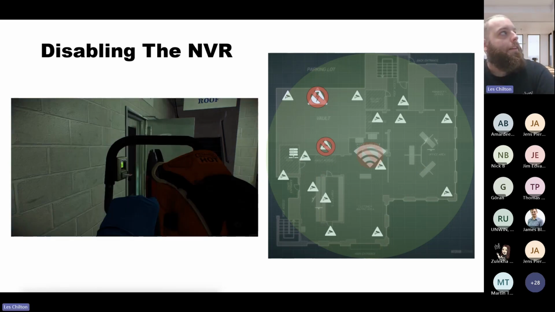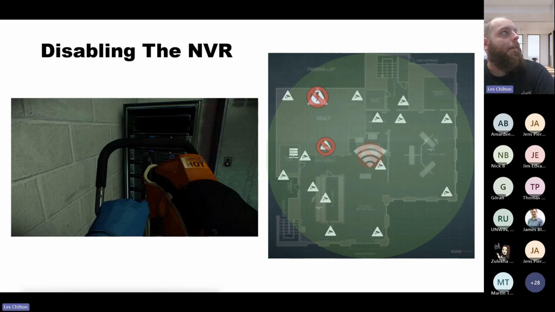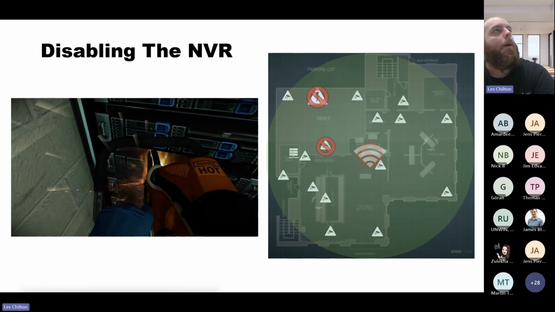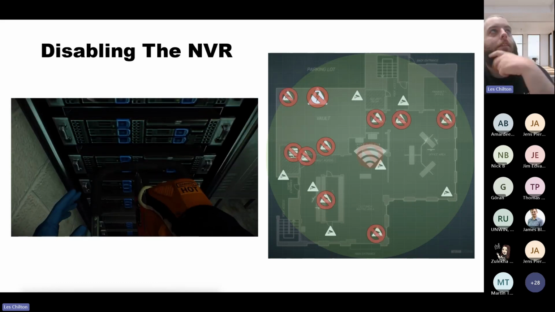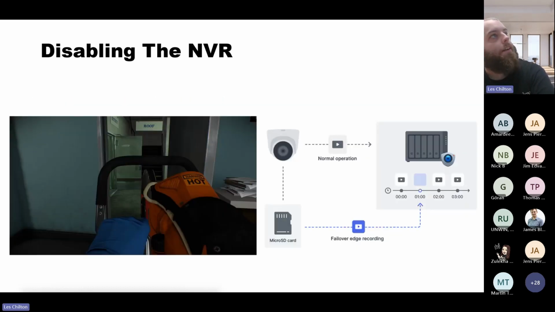In this instance, that wasn't in place, so they were able to get in and trash all of the drives. Now, what can we do as all of the cameras in this scenario go offline and they're able to go in and do as they please in the vault? Well, in our scenario, with Synology cameras in place, you would have edge recording. What is edge recording? Essentially, you've got an SD card that goes into the individual cameras.